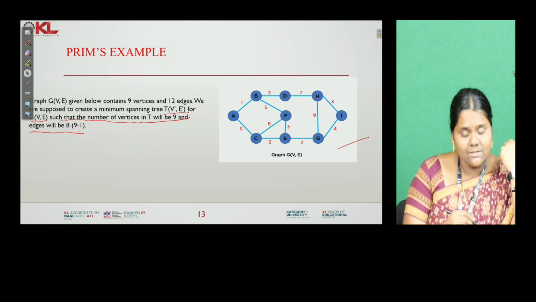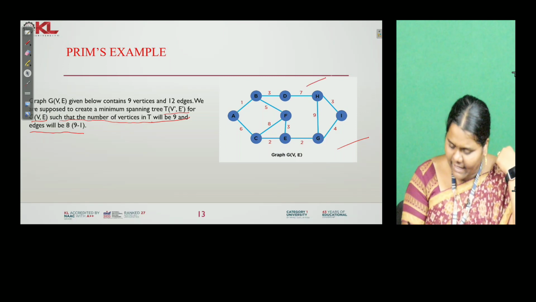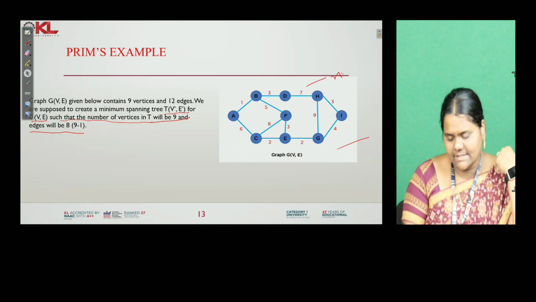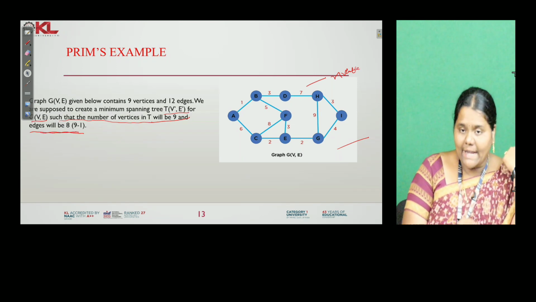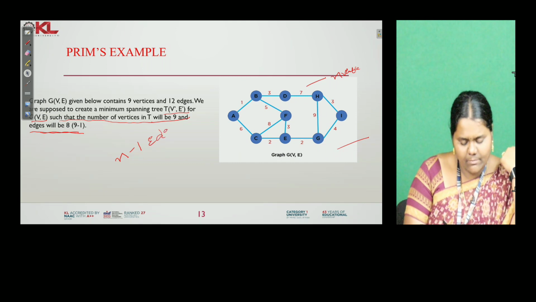Why? The spanning tree follows one rule: if the graph contains n vertices, then the spanning tree contains n minus 1 edges.